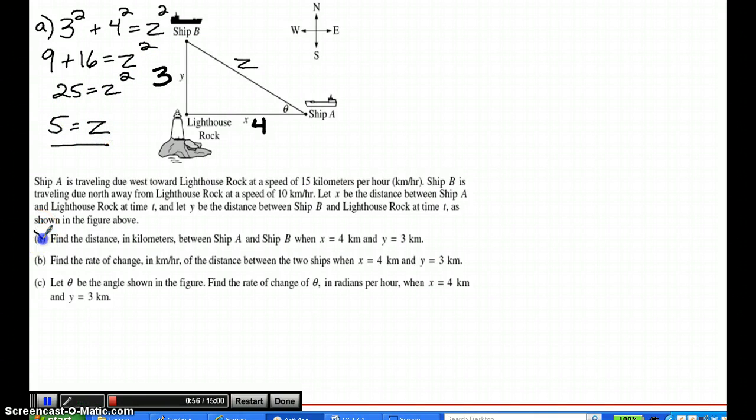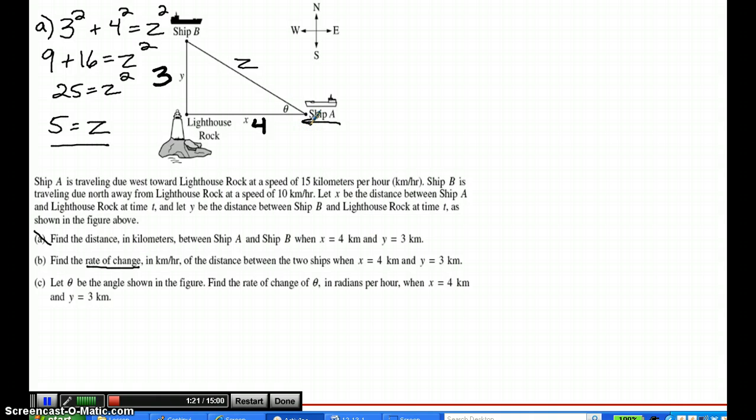B, find the rate of change in kilometers per hour of the distance between the two ships when x equals 4 and y equals 3. All right, now we need to go back to the problem. Since this says rate of change, I'm taking the derivative of some formula that's going to lead me to find this rate of change. If I notice in the problem, ship A is traveling west toward the lighthouse.